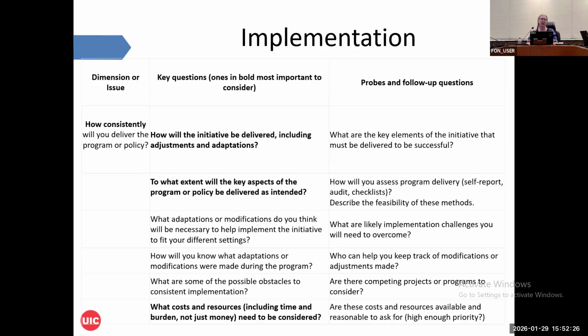And really important is what costs and resources, including time, are needed, because time, quite honestly, is cost. A follow-up question that's really important is, are the resources available and reasonable to ask for? Is this a high enough priority for the hospital administrators, for the state, for whoever, that they're going to invest in the resources to implement your intervention?